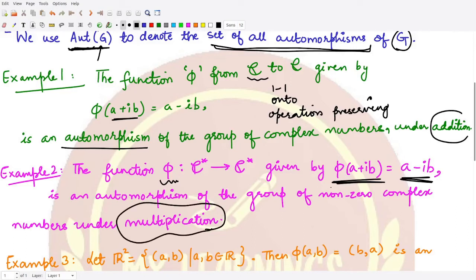Under multiplication this forms an automorphism, since it is one-to-one, onto, and operation preserving. For operation preserving here we have to prove phi of a dot b equals phi of a times phi of b, whereas in the earlier case we proved that phi of a plus b equals phi of a plus phi of b. So both of them form automorphisms.